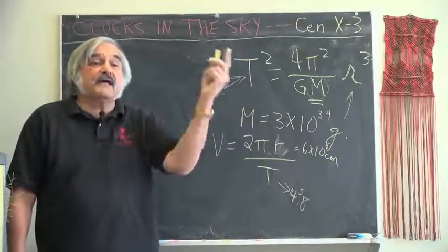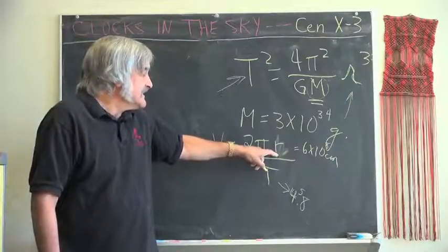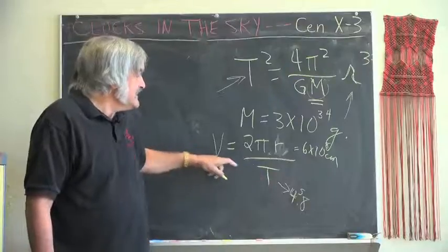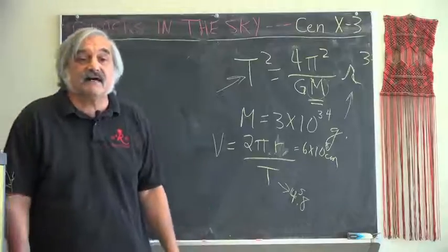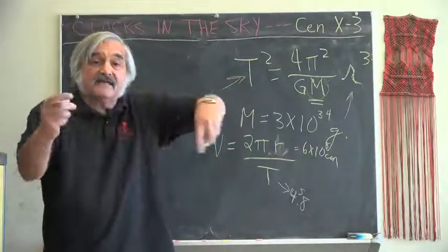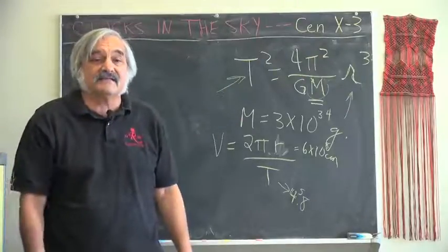It goes once around on the equator, traveling this distance, and it does so in 4.8 seconds, so the velocity is just distance divided by time. In other words, we have an Earth-sized object spinning around every 4.8 seconds.